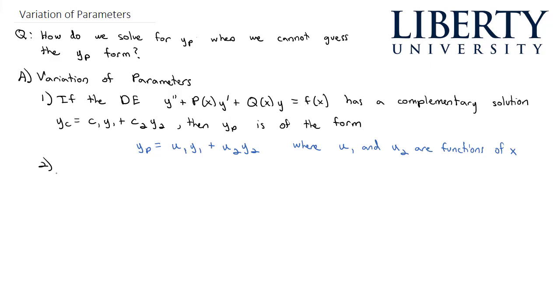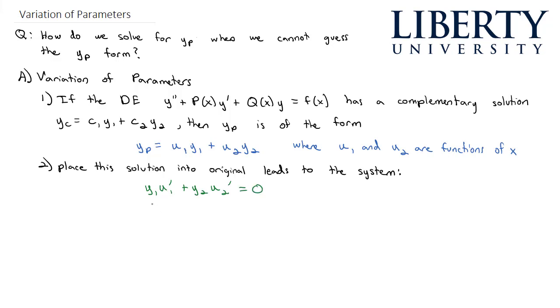Now, we can place this solution into the original differential equation that we have in number 1, and doing a little bit of work, it leads to the system of equations y1 times u1 prime plus y2 times u2 prime equals 0, and y1 prime u1 prime plus y2 prime u2 prime equals the same function that the differential equation equaled.